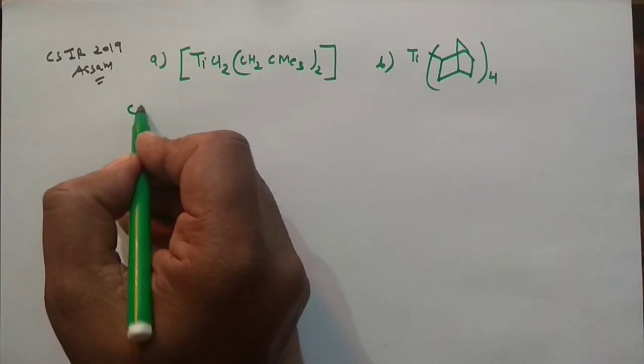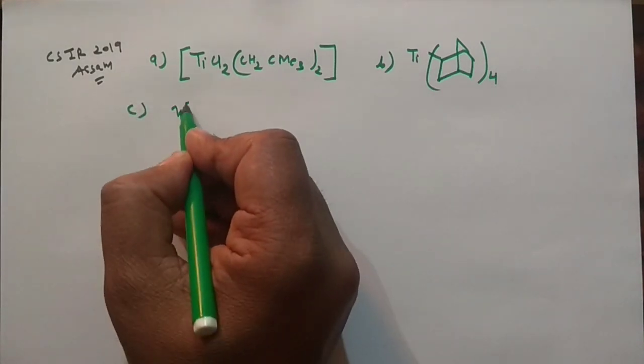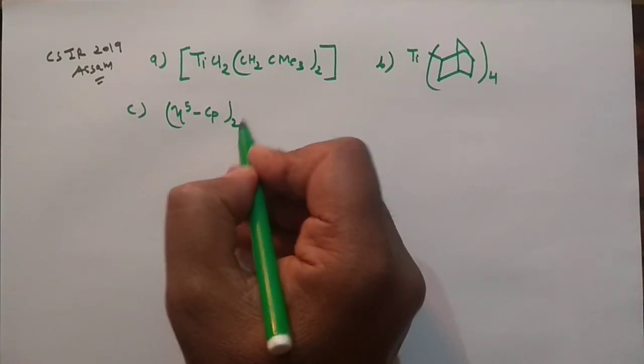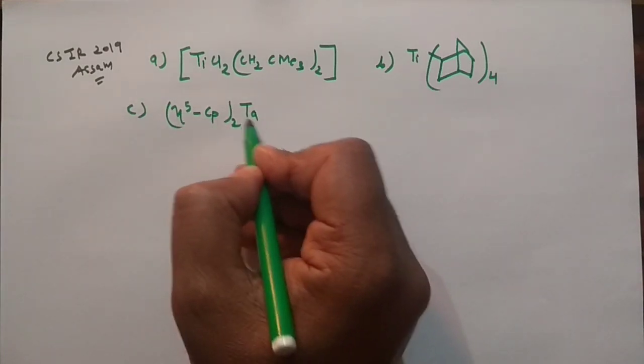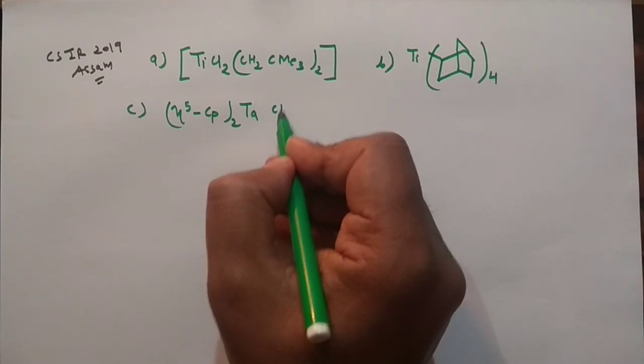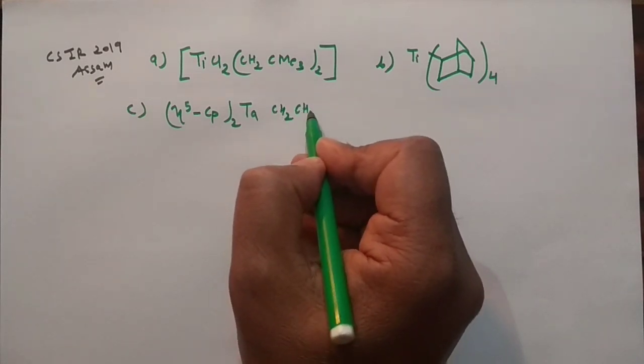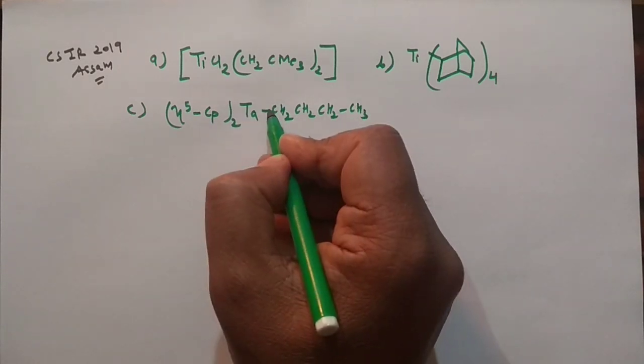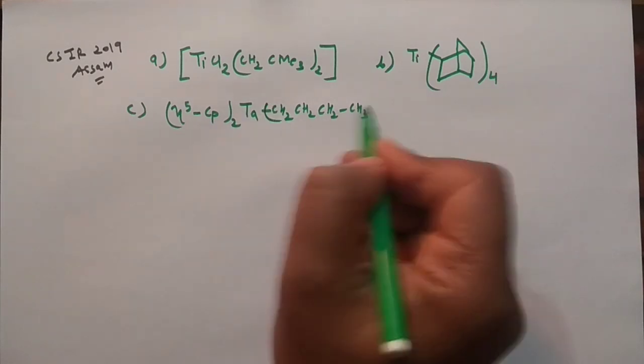And the last option is the eta 5 Cp ring, present twice, attached to the tantalum, and then your CH2CH2CH2CH3, and this unit is present thrice.